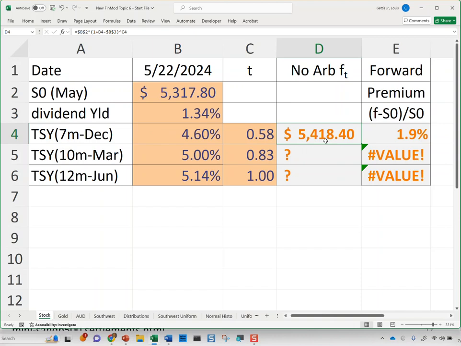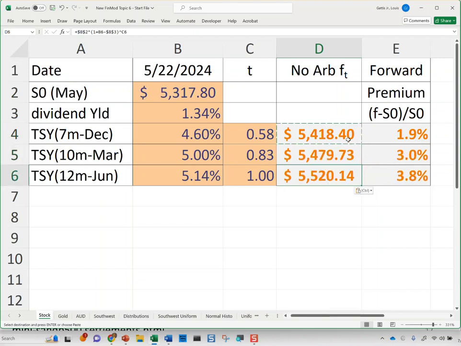That 7-month forward price should be 5,413, which is 1.9% above the spot. And then the 10-month and 1-year contracts, I'll just copy, should be at these levels. Again, forward price being above the spot because R is greater than D. So again, big insight. Forward and futures prices have nothing to do with speculation of an individual stock or a portfolio. It's simply the cost of carry.